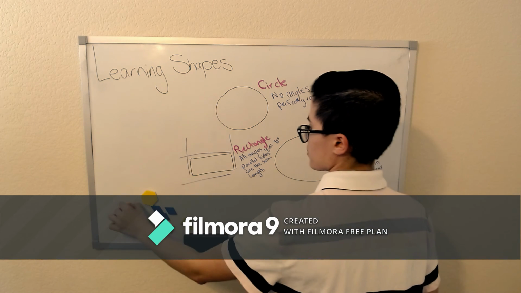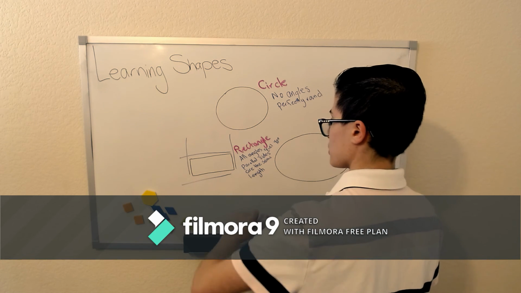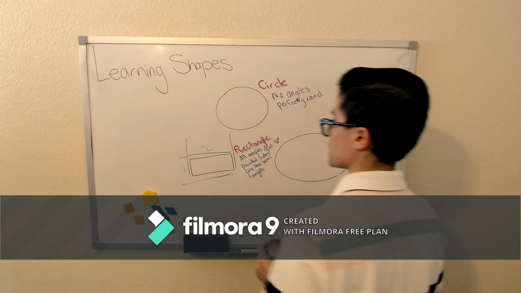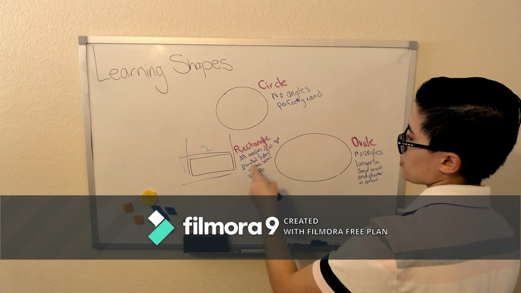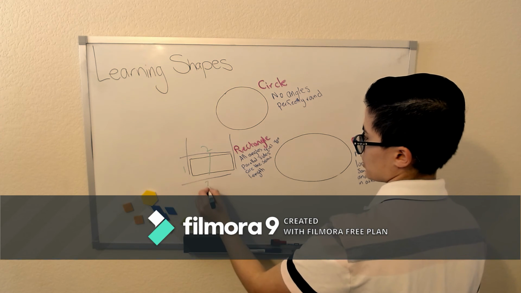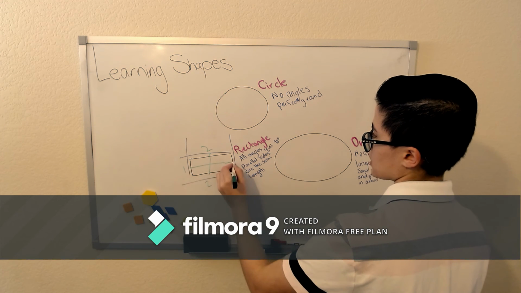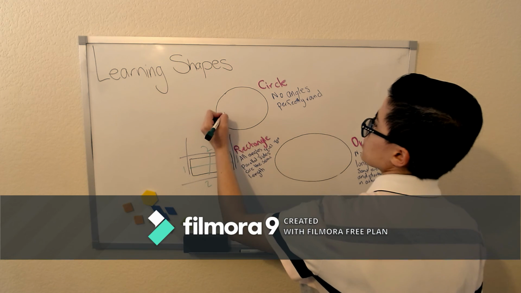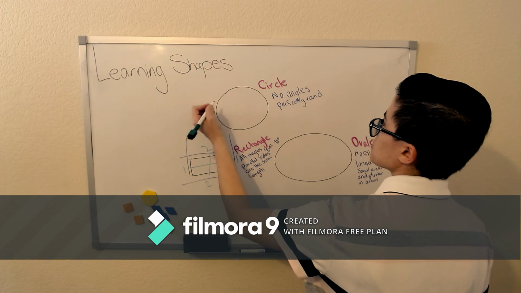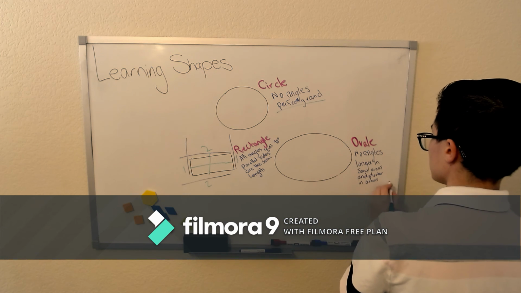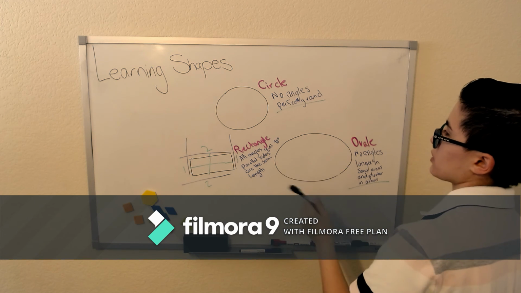So, if this side were to equal 2 and this side were to equal 1, since the parallel sides are the same length, this is parallel to this, so this would equal 2. This is parallel to this, so this would equal 1. A circle is perfectly round, and an oval is not perfectly round.